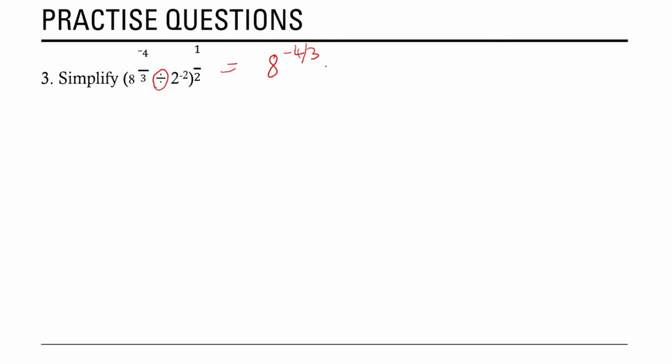I am writing it as into 2 raised to 2. Okay, because when we interchange the division and multiplication, the index of the number becomes positive.